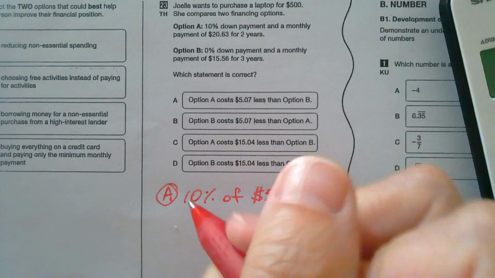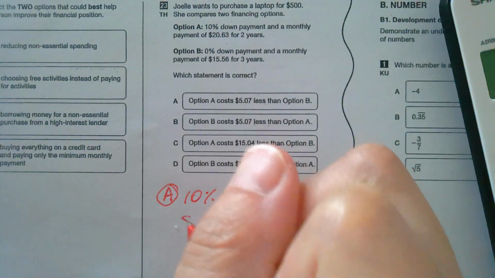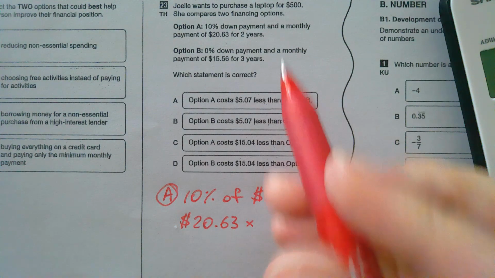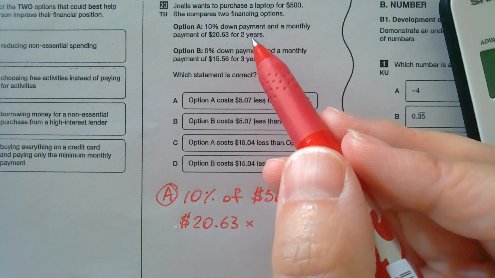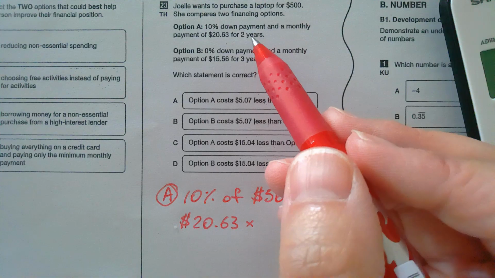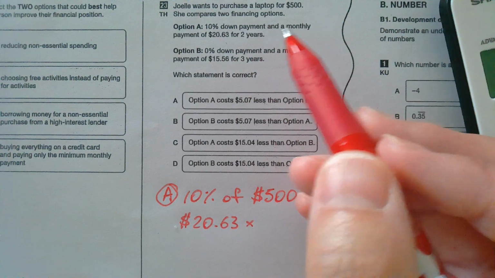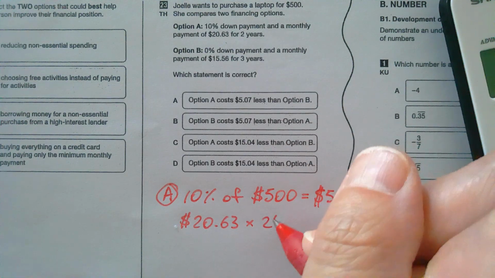Okay, and then you're paying $20.63 for 2 years. So do I times it by 2? Margaret, what do I times it by? 24 because it's monthly. So in 2 years, that means it's 24 months.